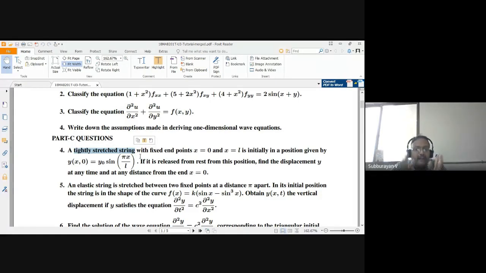While framing the mathematical formulation, first you should write the differential equation. Then only you have to write down the boundary conditions and the initial conditions.